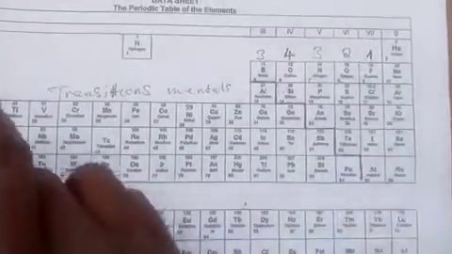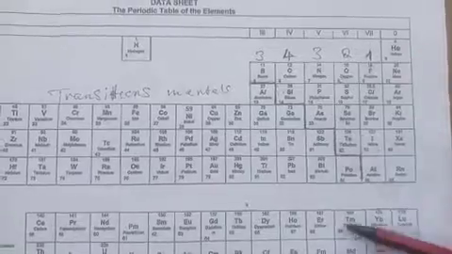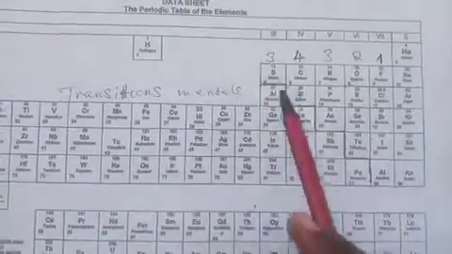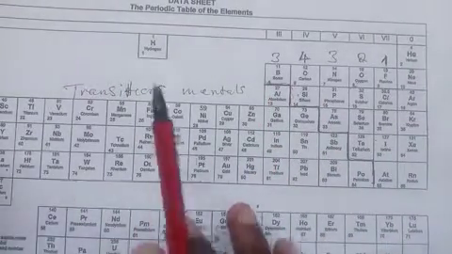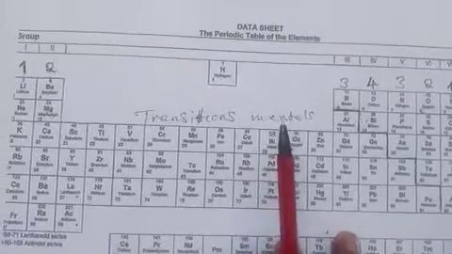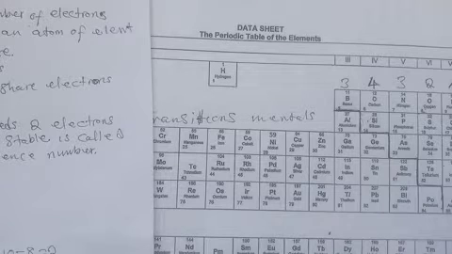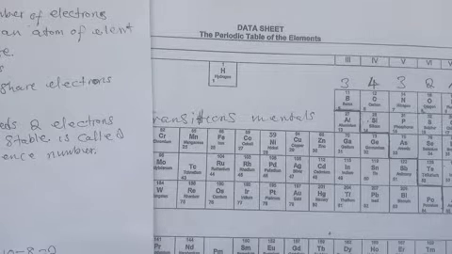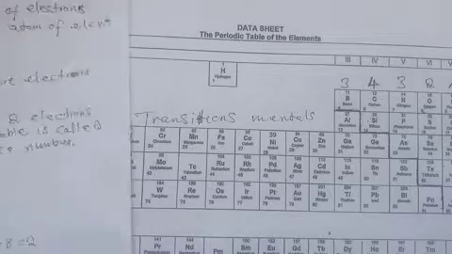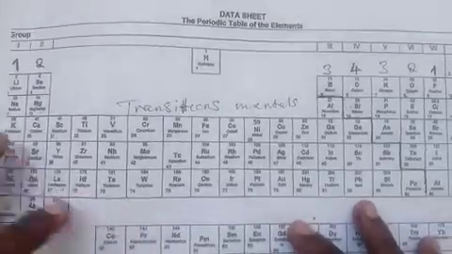You number them and know that these are their valence numbers, meaning the number of electrons that atoms of elements lose, gain, or share among themselves in order to attain the stable structure, or to be stable. Okay, to be stable. Are we together?